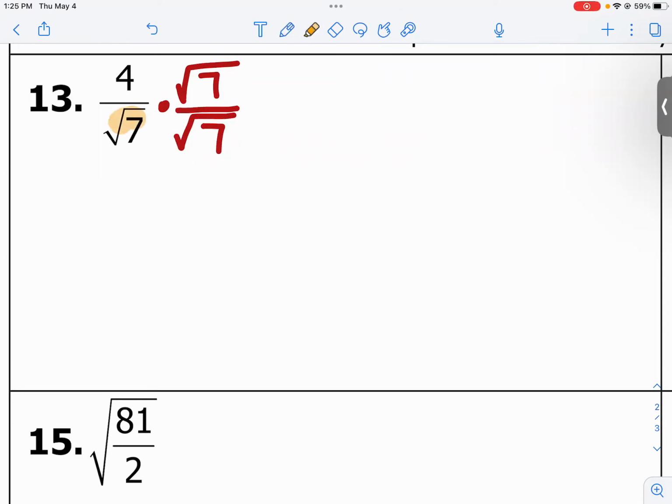So since we have a radical in the denominator, we are gonna take this radical and we're gonna multiply it. Now, we can't just multiply by radical 7, but if we multiply numerator and denominator by the same number, it's like we're multiplying by 1. And if we multiply by 1, are we changing the value?